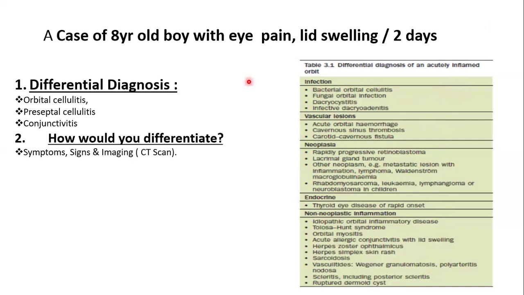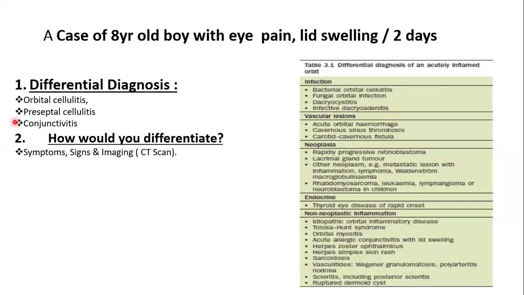But those are the most common three and the most important three infectious causes for the lid swelling and eye pain. So firstly, the orbital cellulitis, secondly, preseptal cellulitis, and thirdly, conjunctivitis.